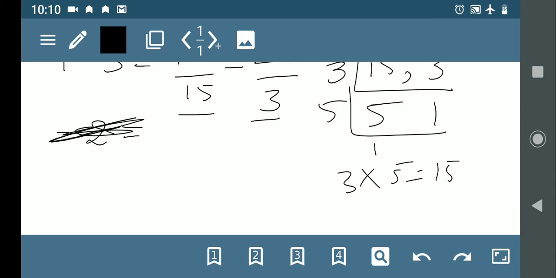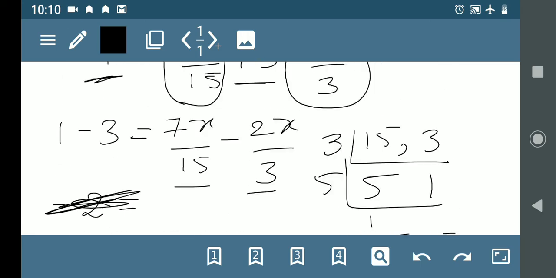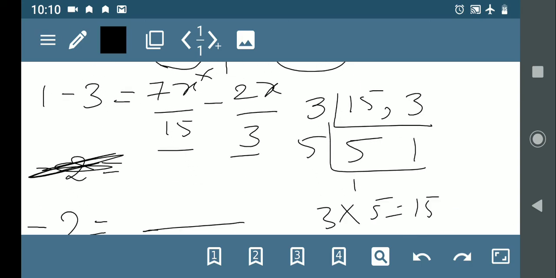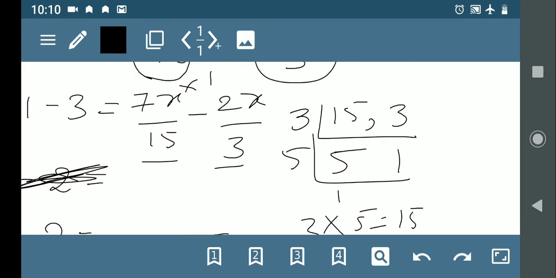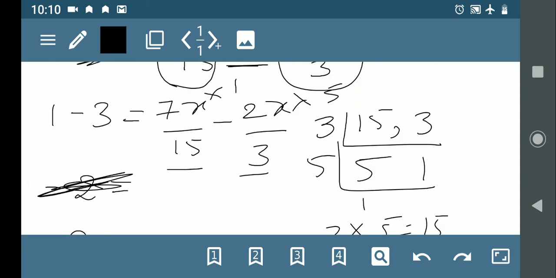So I will write this below here, making some space. Minus 2 is equal to, we got LCM as 15. So we have denominator 15, and the numerator should be multiplied accordingly. In the denominator we have 3, with what do you multiply to get 15? It is into 5. So now multiply with the numerators.